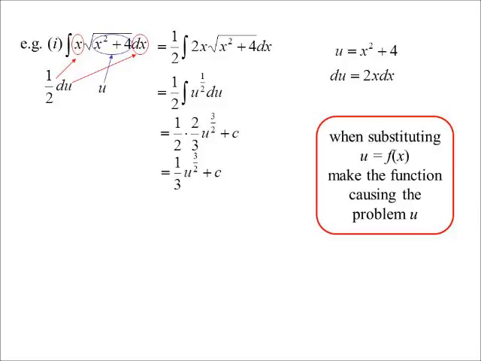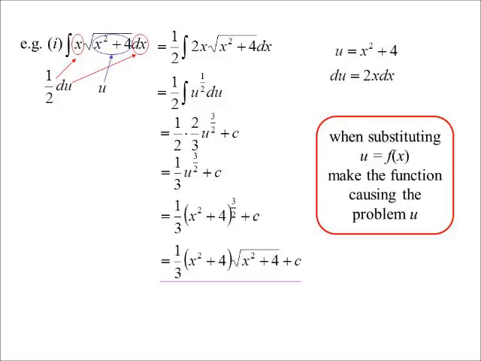So we do that, because that's my answer in terms of u. U's a pronumeral I introduced. I've got to get it back in terms of x. So substitute back in, eventually. And there's how a mere mortal, of course, would write the answer. Us super mathematicians: a third, x squared plus 4 root x squared plus 4 plus a constant. An alternative way of doing this one.